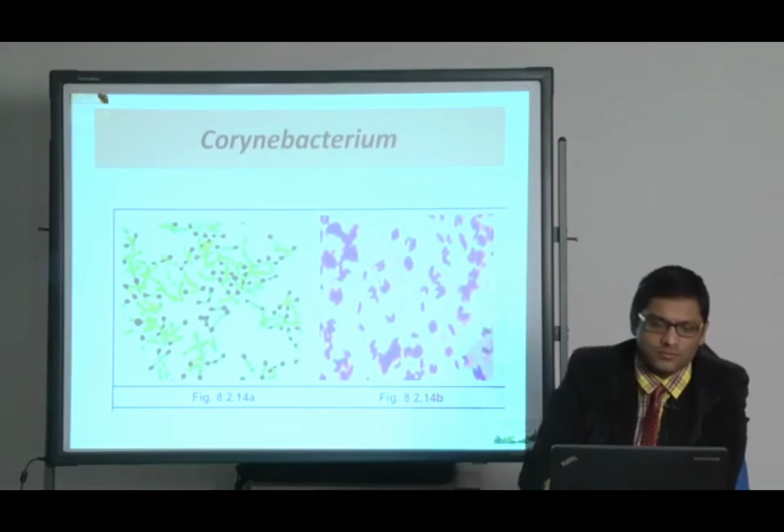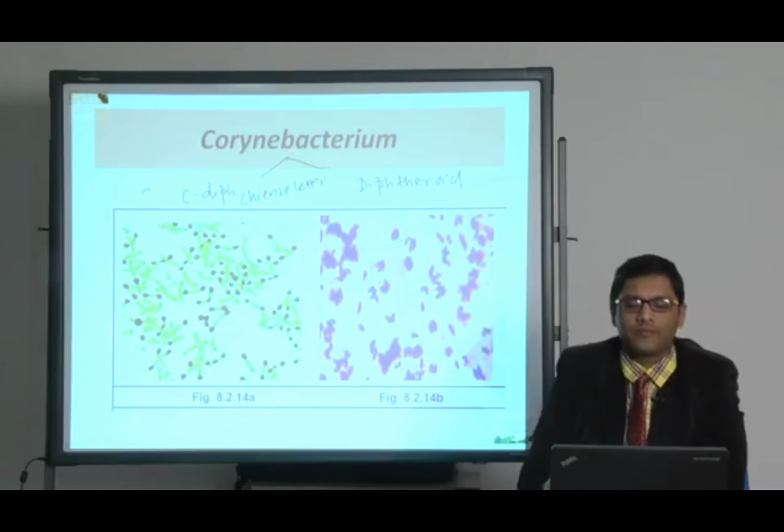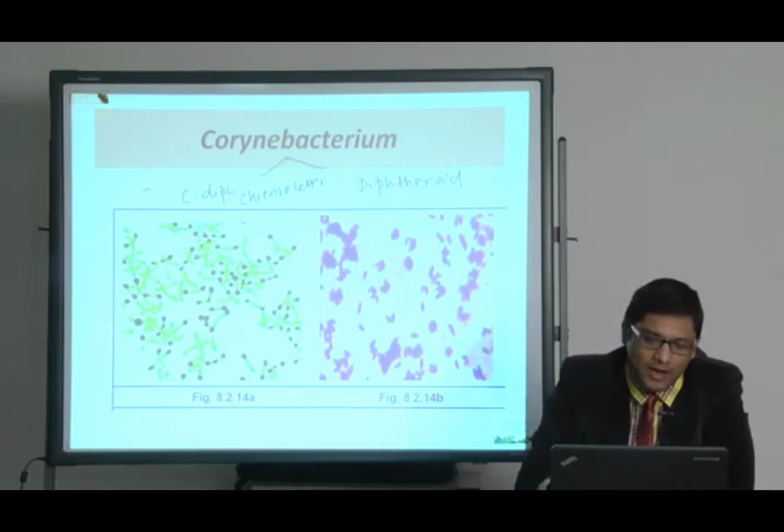Corynebacterium broadly has two types: Corynebacterium diphtheriae and others, which are called diphtheroids. Diphtheriae will have a Chinese letter arrangement, having metachromatic granules.